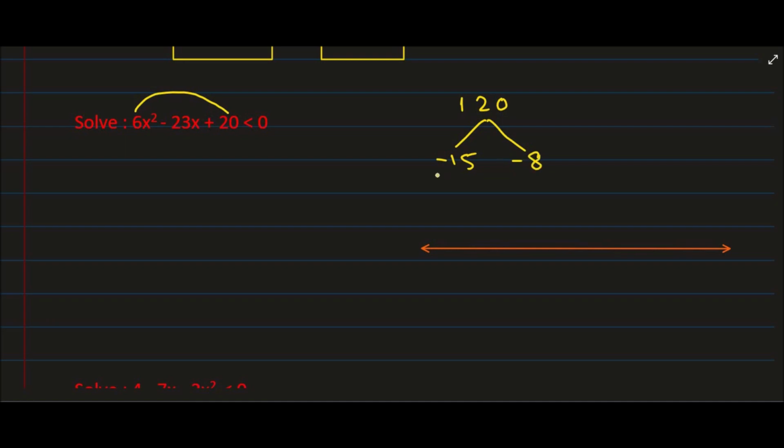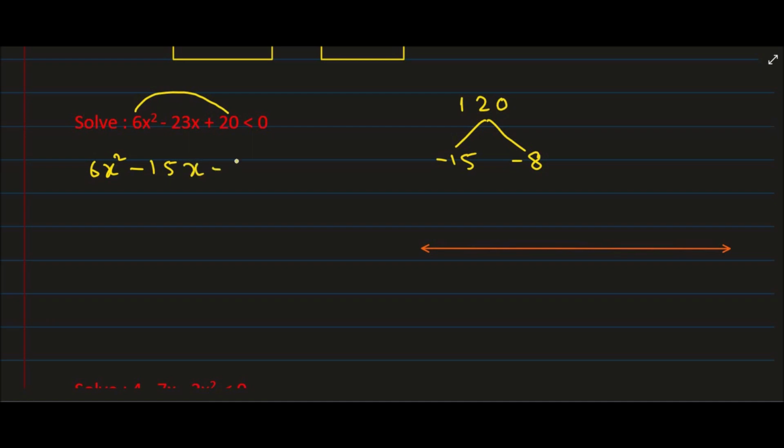If you are not comfortable with this factorization method, you can use the quadratic formula to find the critical values. Okay, so let's now factorize. We get 6x square. Now we will split the middle term using these two factors.